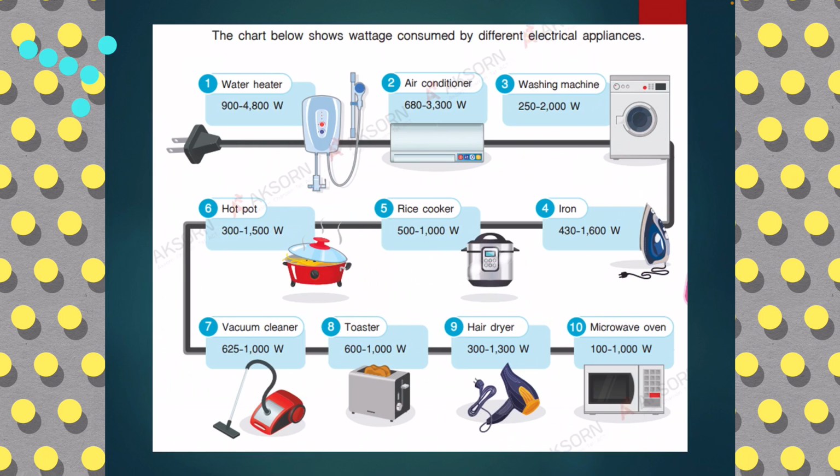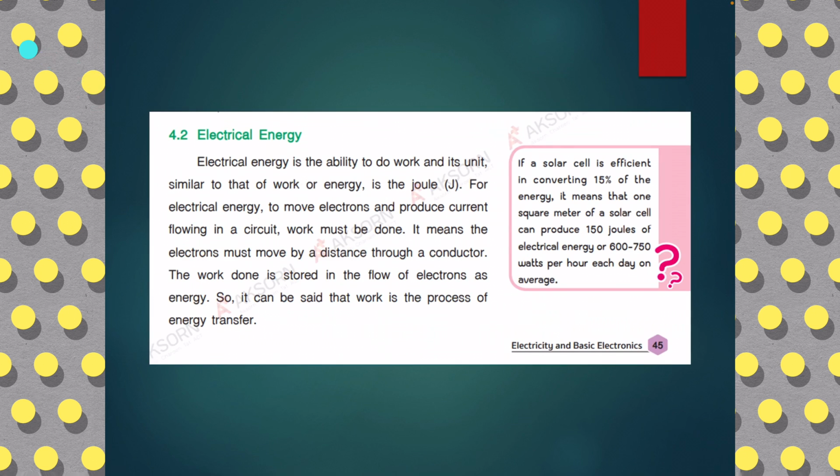Now here are examples of some of our appliances together with their power. So don't forget, electrical energy is the ability to do work, and its unit is similar to the work or energy, which is joule.